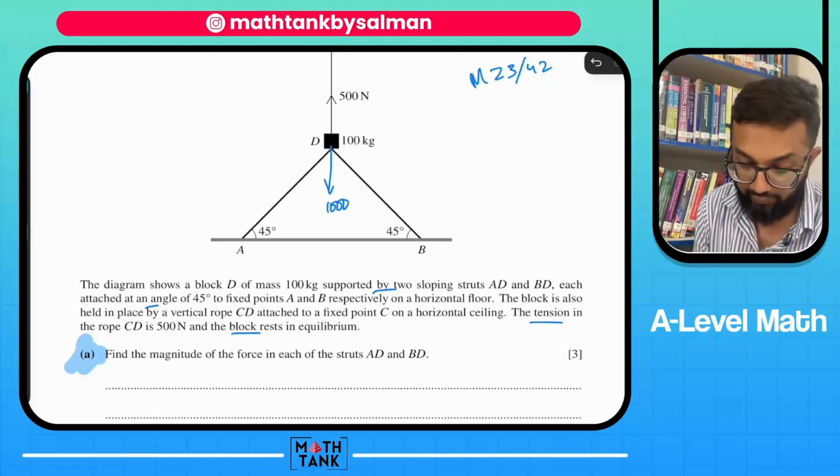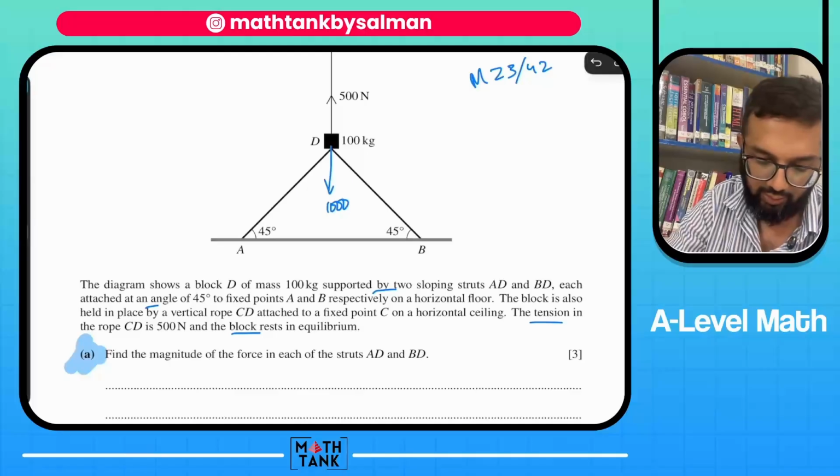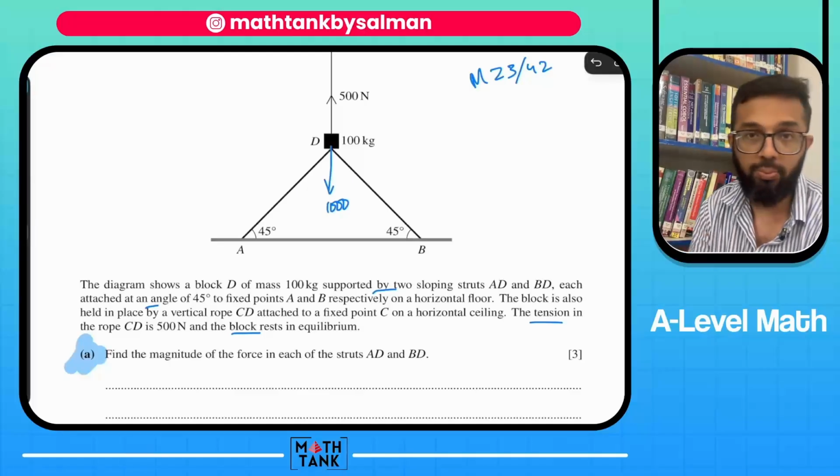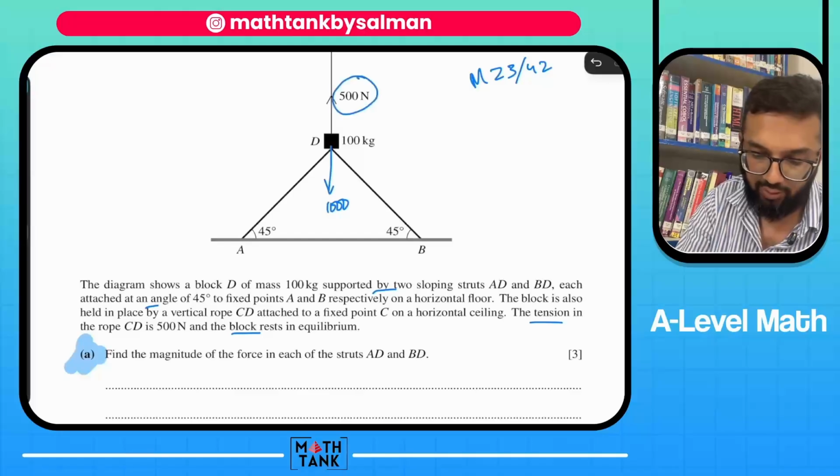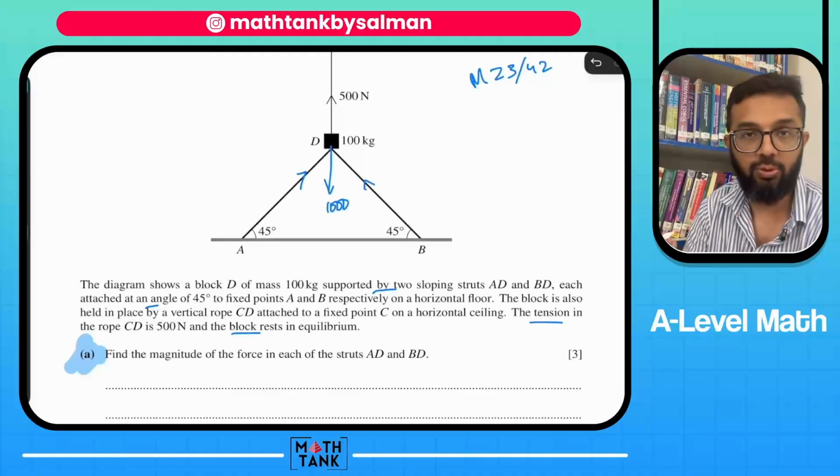Now I have to decide whether there's tension, it's pointing like that, or it's because it's not a rope technically, so it's a strut. I can obviously see कि ऊपर 500 की फोर्स है और नीचे 1000 की फोर्स है, तो इसको बैलेंस करने के लिए इन दोनों ने ऊपर पॉइंट करना होगा, because this has to stay in equilibrium.